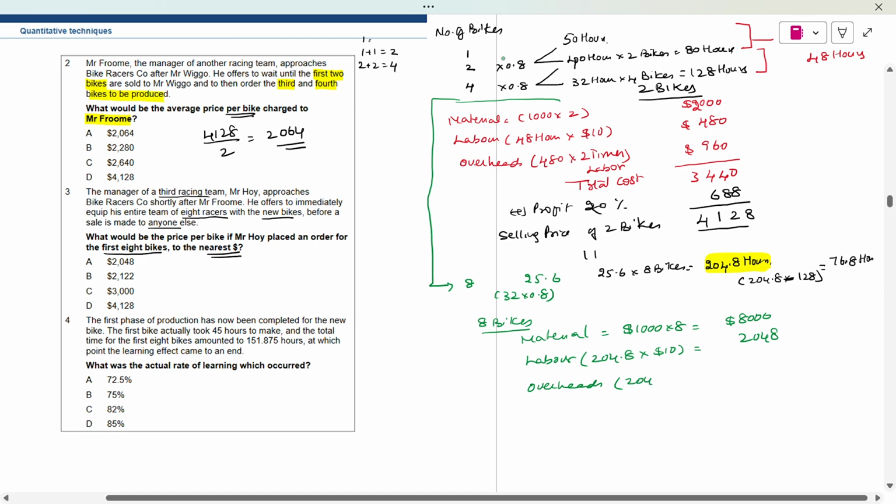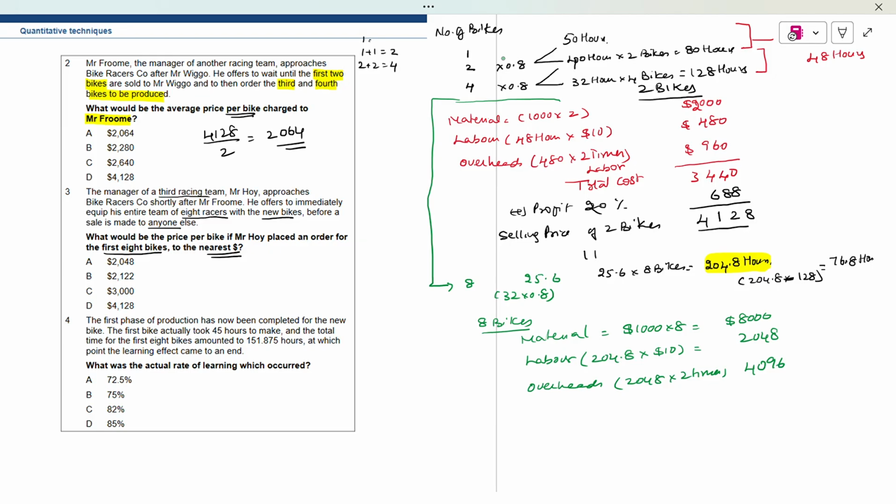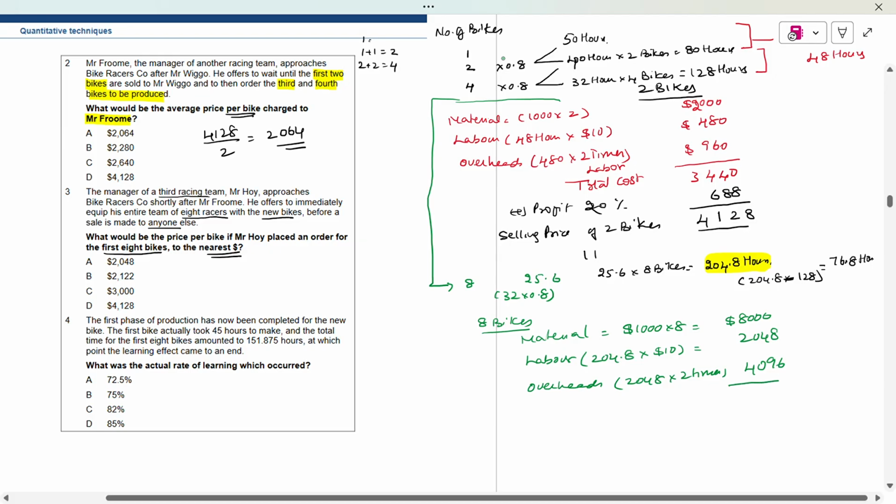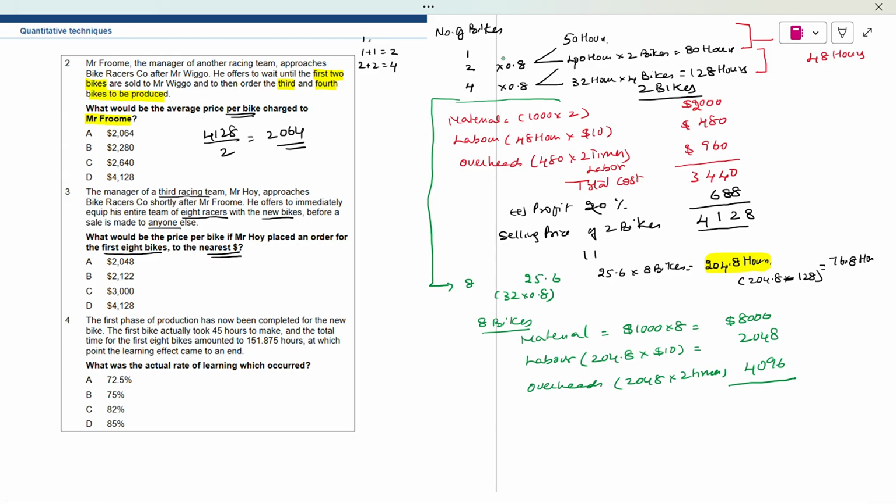2048 times 2. It comes to how much? 4096. Okay, 4096. How much will we get in total? 14,144.